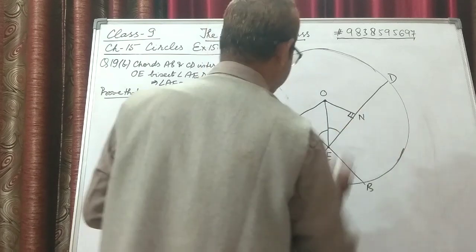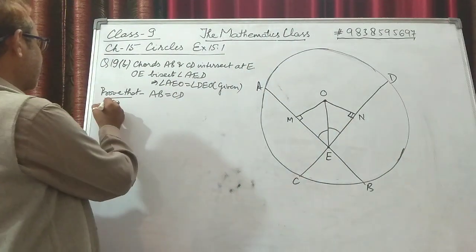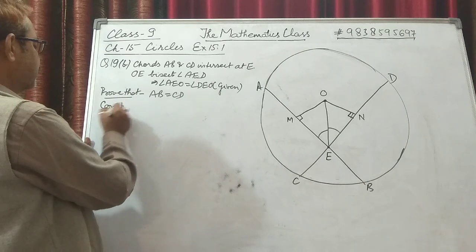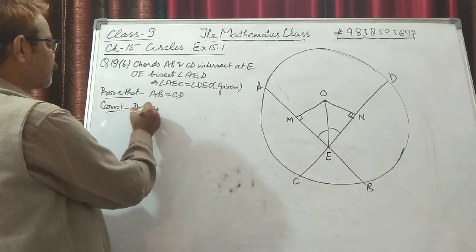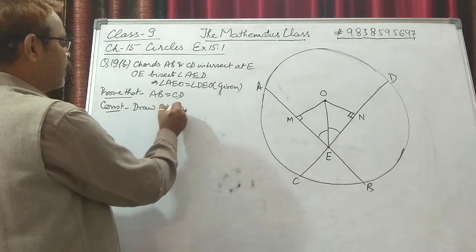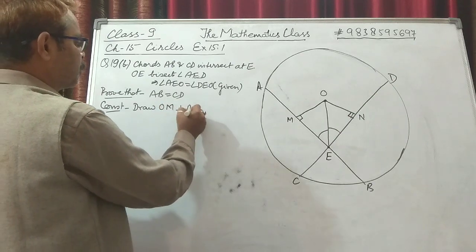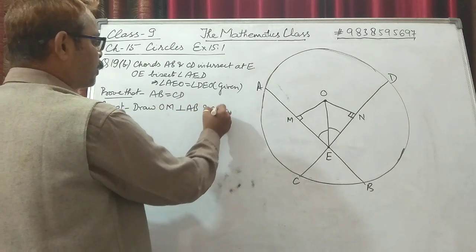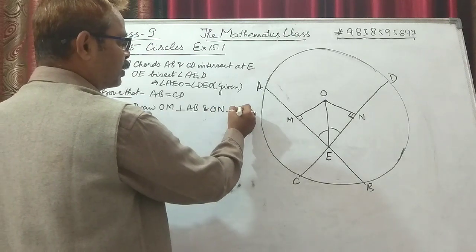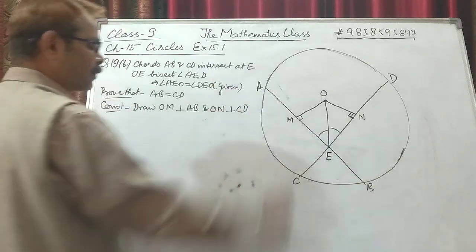I will write as construction: draw OM perpendicular to AB and ON perpendicular to CD.